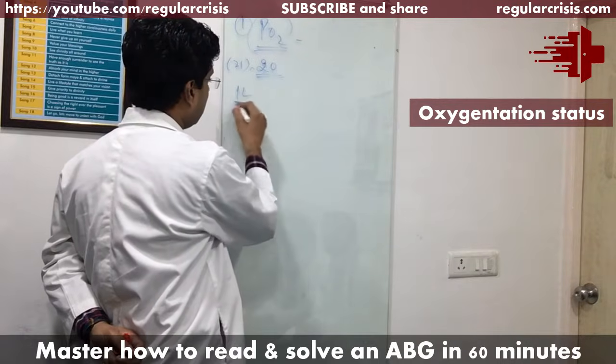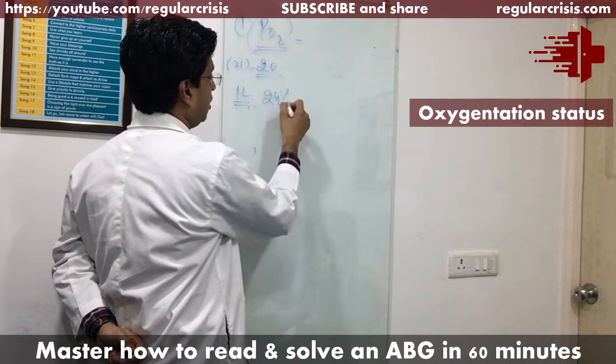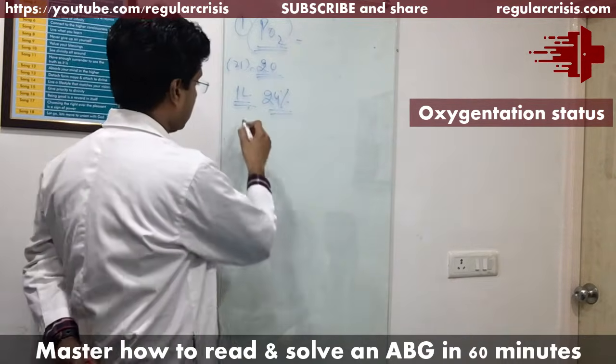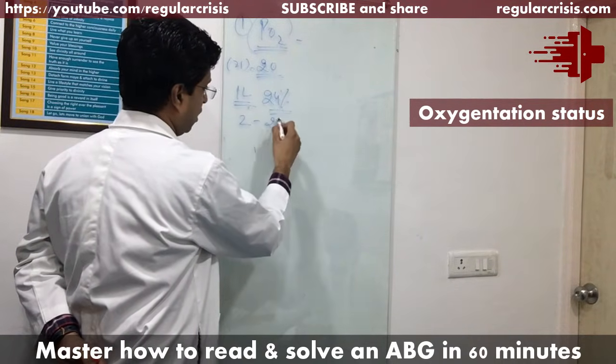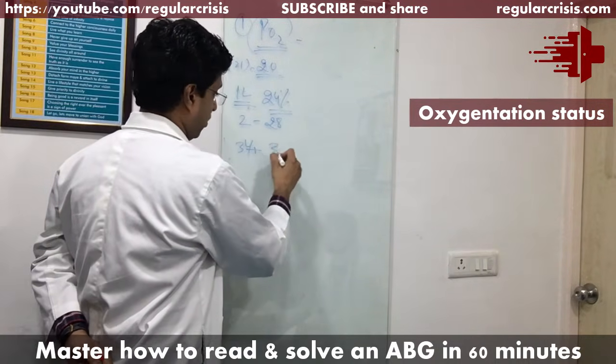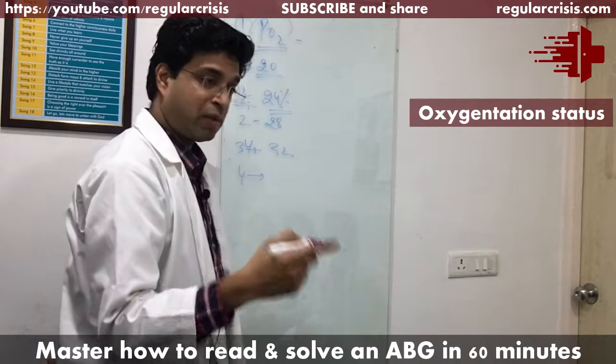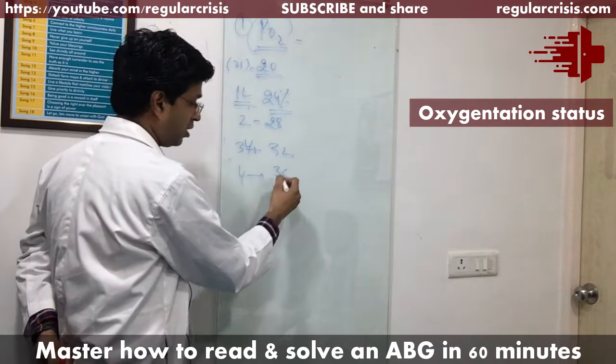Suppose the patient is on 1 liter of oxygen, it will be 24% FiO2. If the patient is on 2, then 28. On 3 liters per minute, 32. On 4 liters per minute, 36.